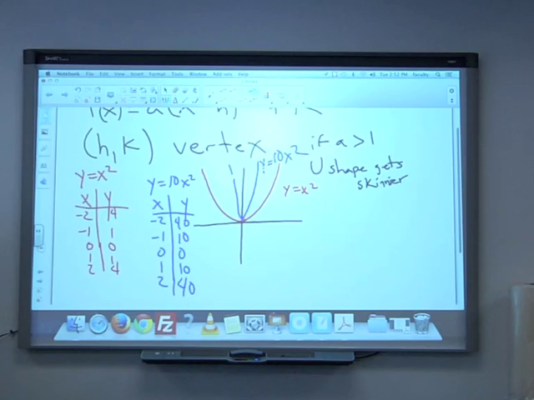So if A is larger than 1, the U shape gets narrowed in. If A is a fractional number, then the U gets flattened out.